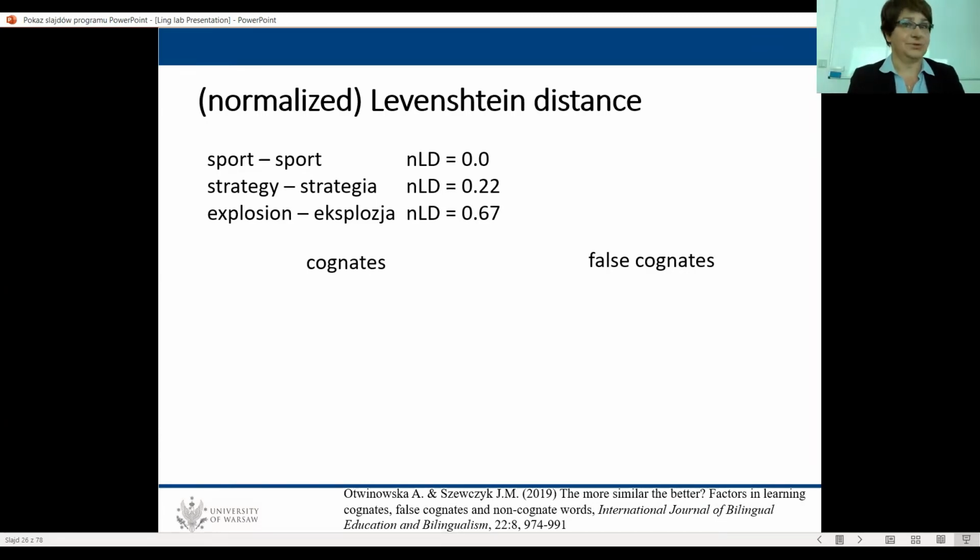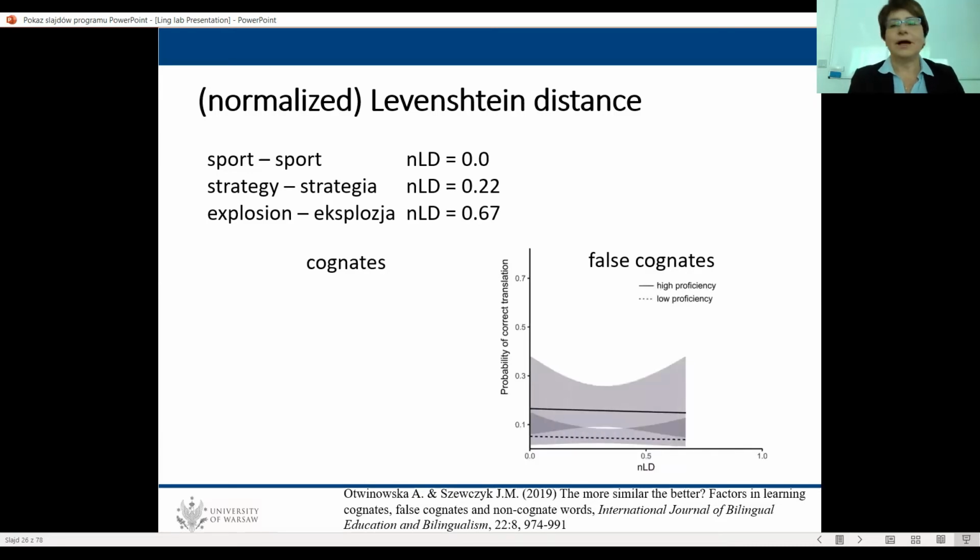And why is it important? Well, in the case of cognates, it's all important. In the case of false cognates, the results are kind of mixed. I just want to briefly flash at you the result from one of the studies. In that study, we had learners of different proficiencies and words of different Levenshtein distances.